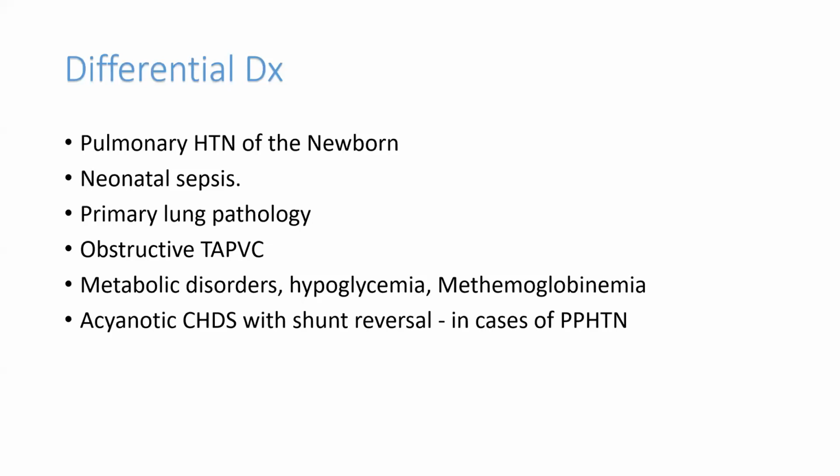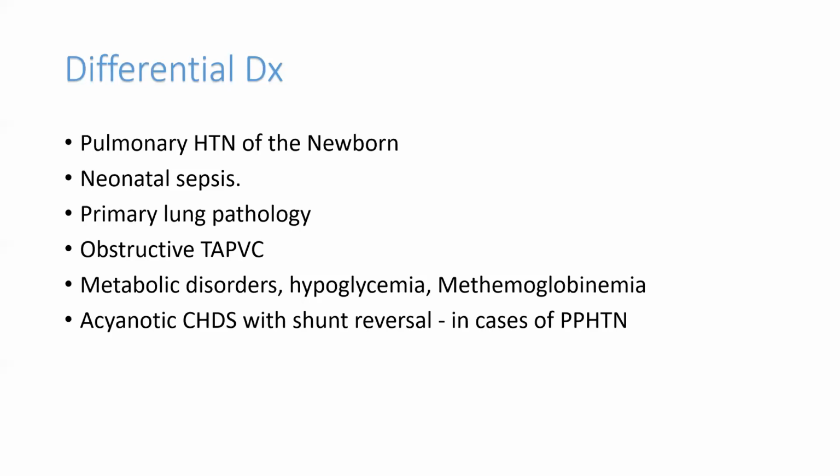Metabolic disorders, especially hypoglycemia, can present in this manner as well. Methemoglobinemia is a condition where instead of the hemoglobin having a normal ferrous state, Fe2+, it has ferric, Fe3+, and therefore these patients can also present with cyanosis.